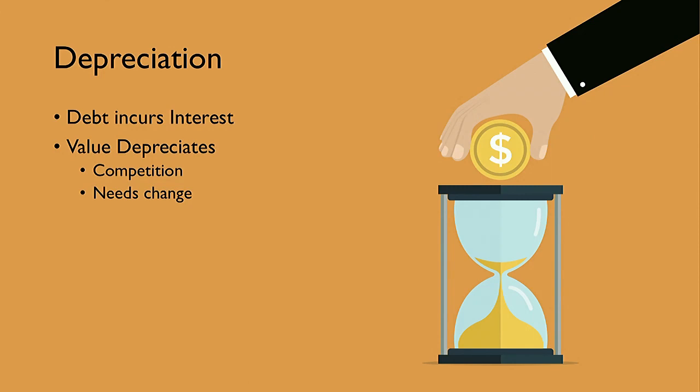Something else that I think is important here is depreciation. If debt incurs interest, the value that we've delivered is also depreciating. This might be competition. If you're building a product, your competitor has built a new feature that's made your feature obsolete. Or sudden big depreciation from changing needs from your business, the requirements, or the end user's expectations.